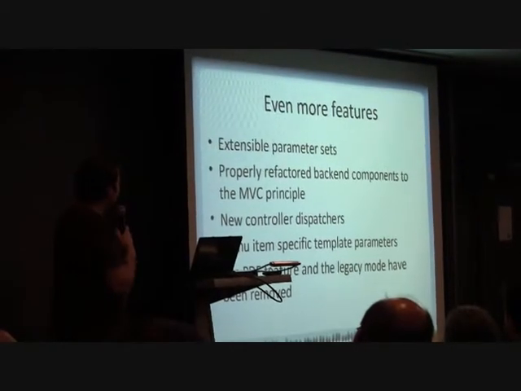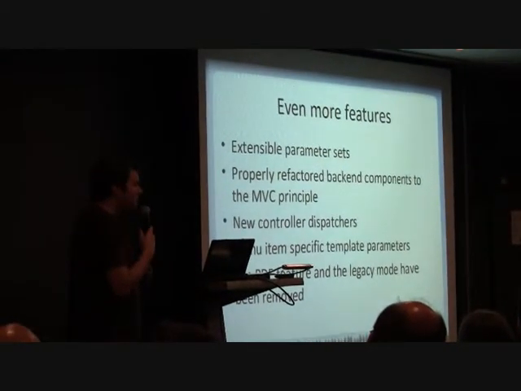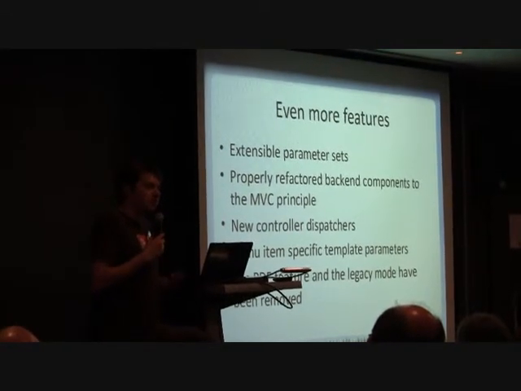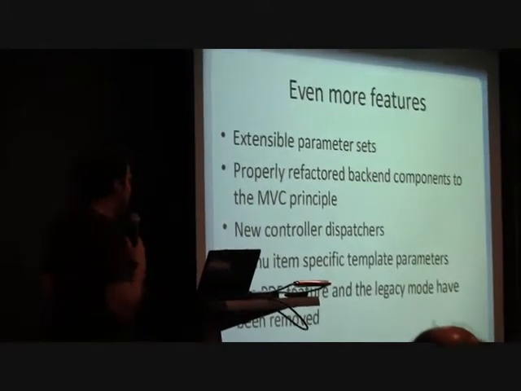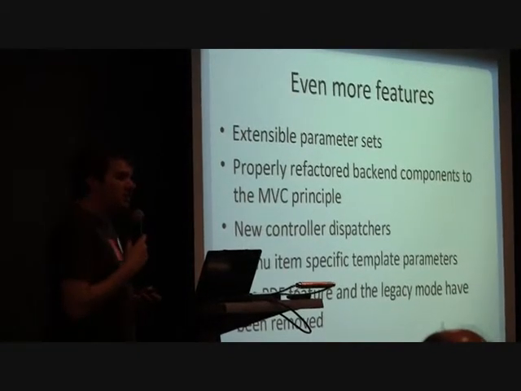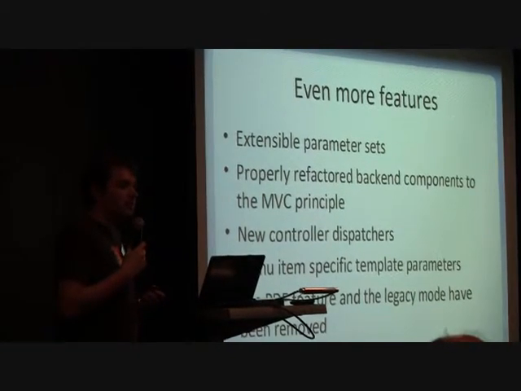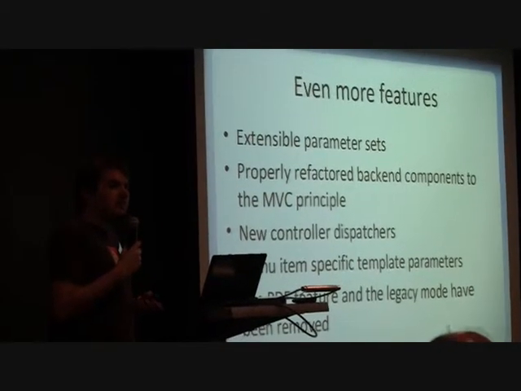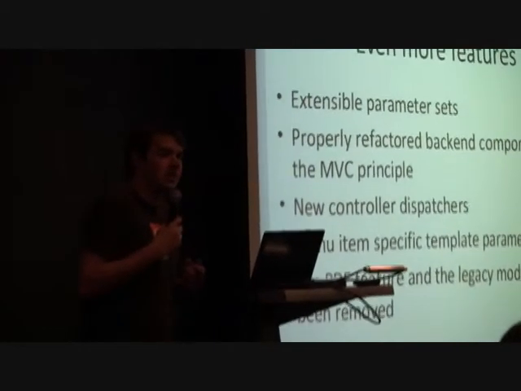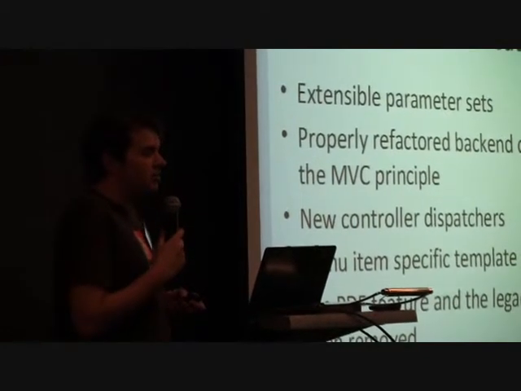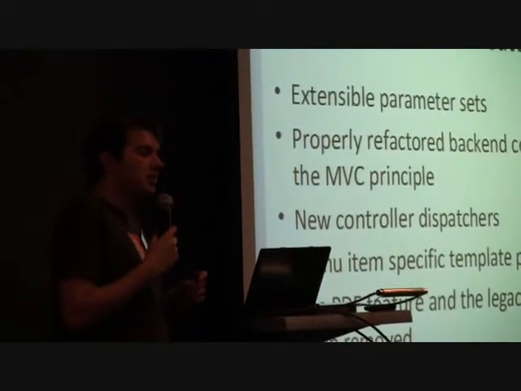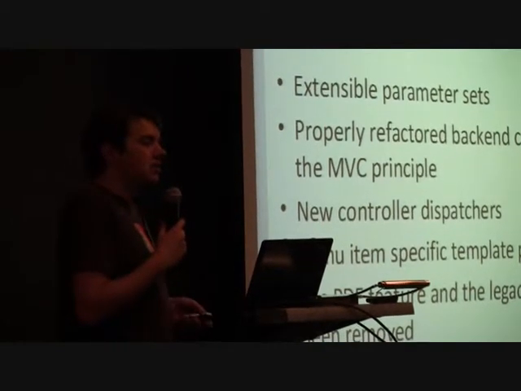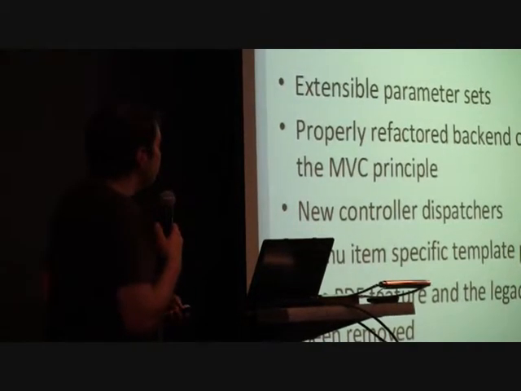One feature that I personally like very much, because it was an itch that I had to scratch, was extending the parameter sets. At the moment, the parameters for an article are very fixed. You would have to really parse the HTML before the edit window to add some little parameters there for an article.